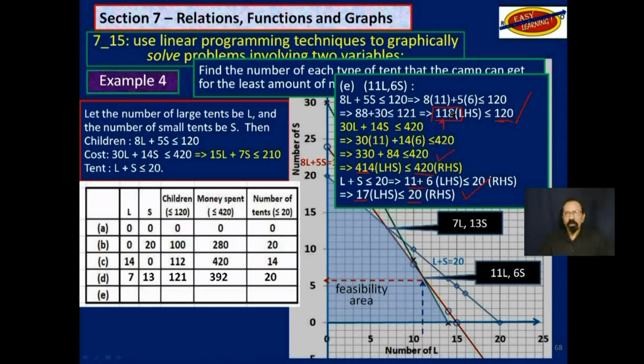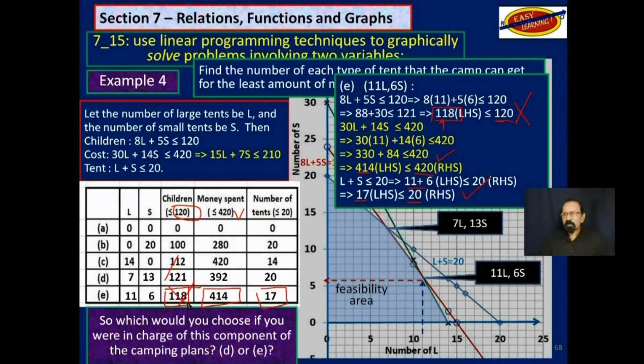We don't have enough space for the 120 campers. Even if you say you put one each in 2 of the larger tents, certain regulations and stipulations may not allow that. So if you put that down here, we don't have enough space. 118, and we want to accommodate 120. This 414 is fine. You had 420, just within there. 17 tents out of 20, that's fine. So we have a problem here.